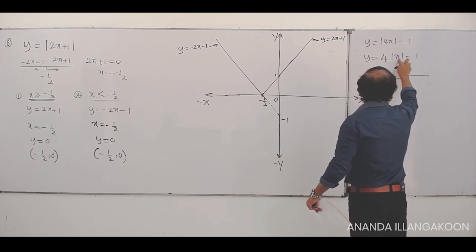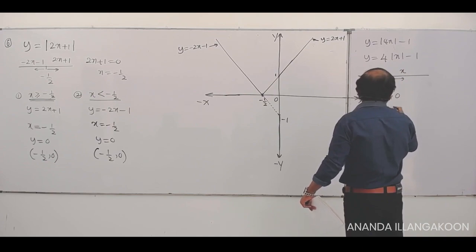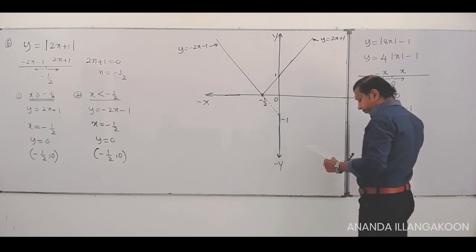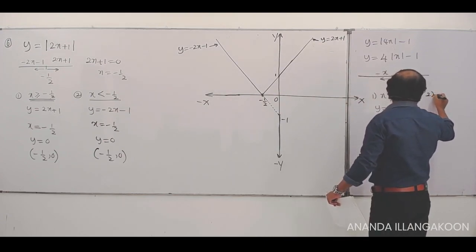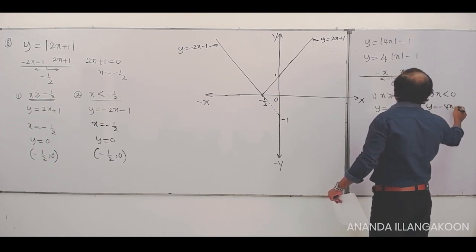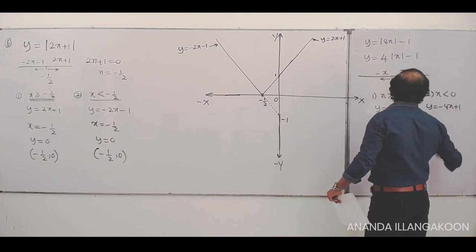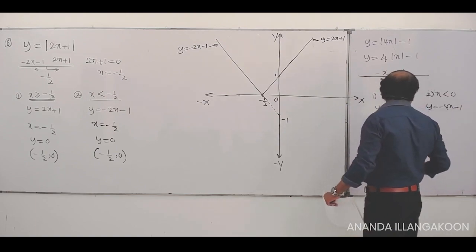Left of 0, mod x is minus x. Then for x greater than or equal to 0, this equation becomes 4x minus 1. For x less than 0, this equation becomes minus 4x minus 1.